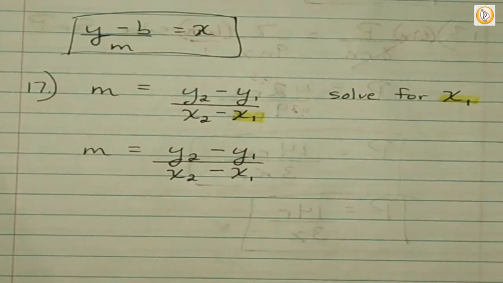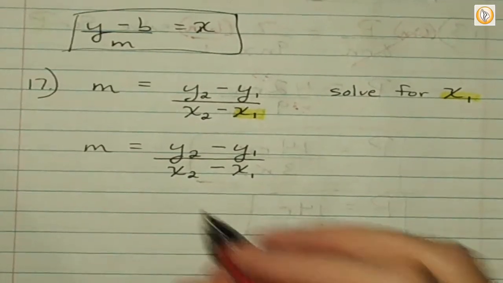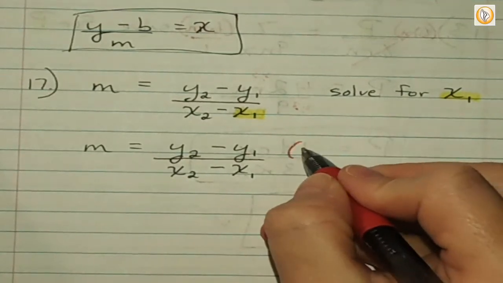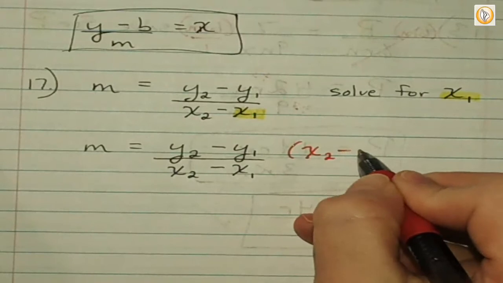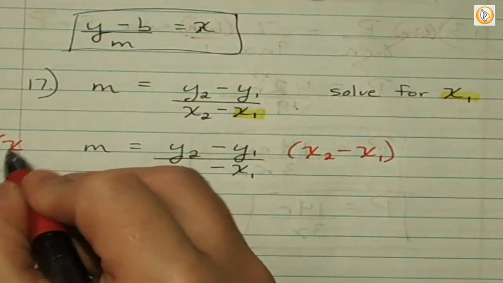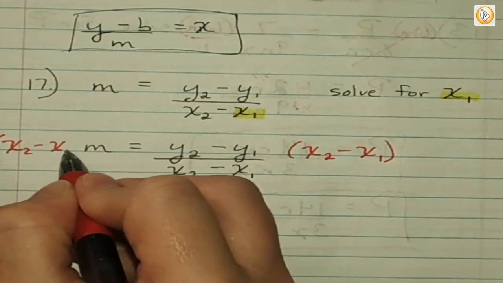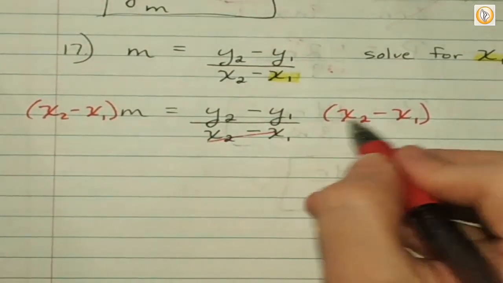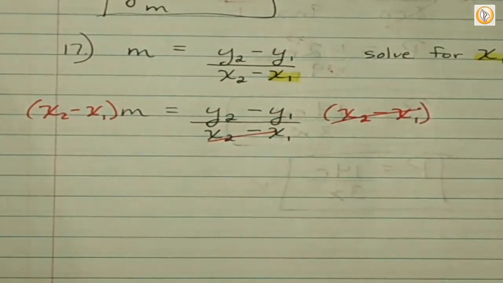Get it out in one snap? Could we? Yeah, we could. We could multiply both sides by x2 minus x1 all in one snap. And then that takes care of that denominator right away.